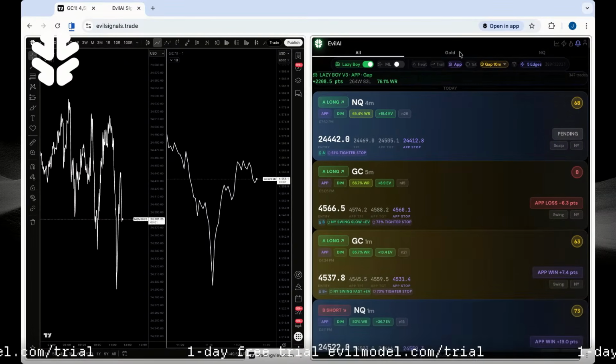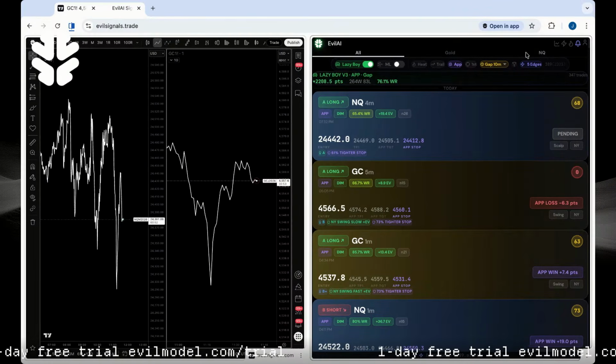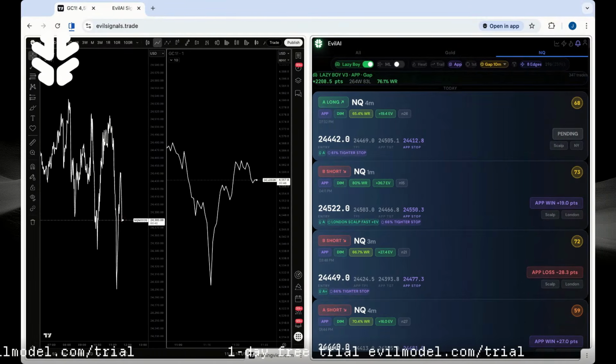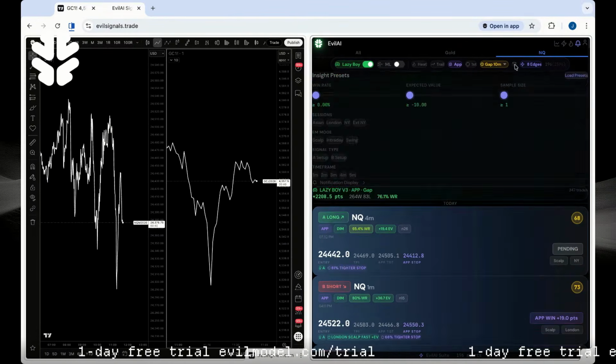If I wanted to see only trades coming onto the dashboard for a certain session, time frame, direction, or signal type, I would click the filter icon in either gold or NQ.